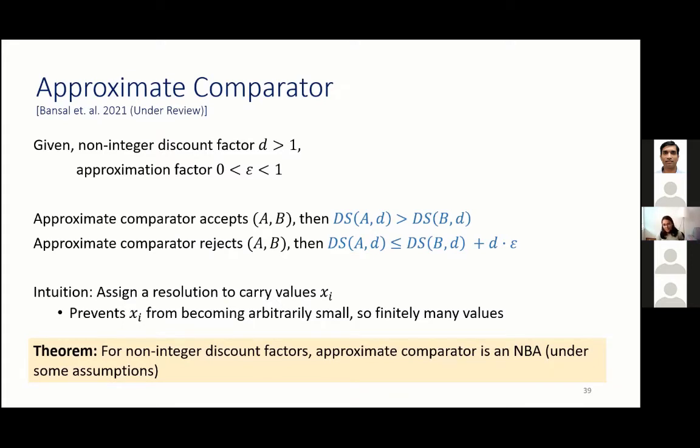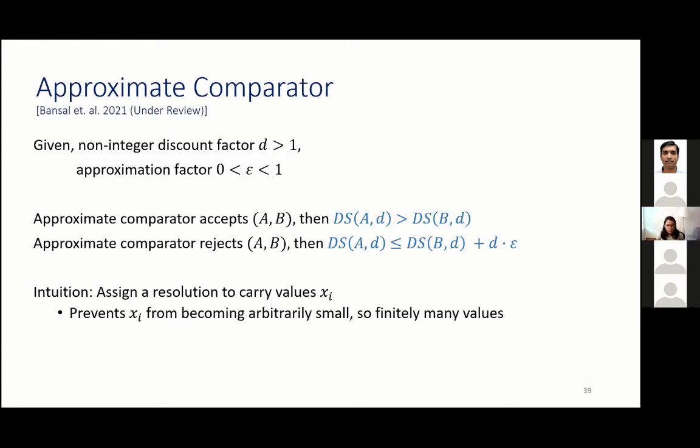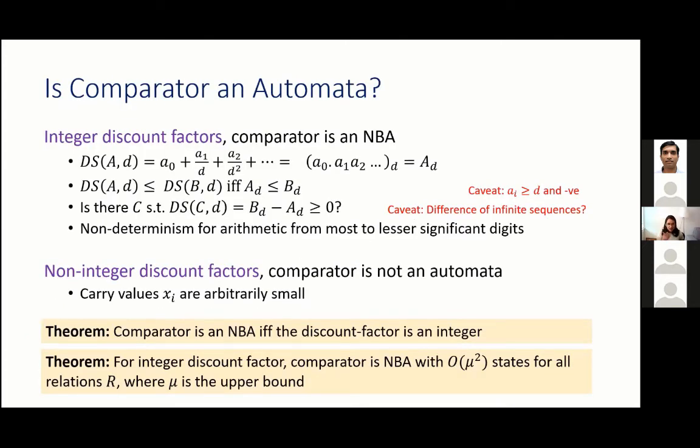So let's actually go back to the exact comparator, right? So we're talking about exact comparators here, integer discount factors. So if the comparator for one relation is a non-deterministic Büchi automata, I claim the comparator for every relation is a non-deterministic Büchi automata. And that is because NBAs are closed under all possible operations.